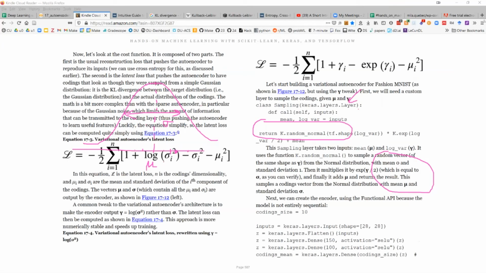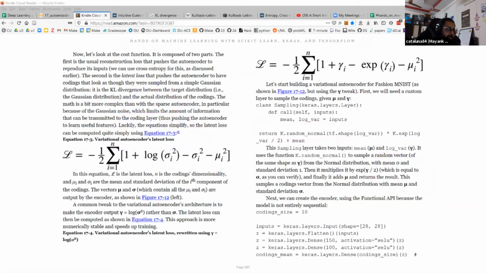I think so. It will be much more clear if you look at the code of the variational encoder. When they are creating the encoder, they have used the coding mean, the coding log variance, and the codings that sample from that random normal with respect to the given log variance and the mean.